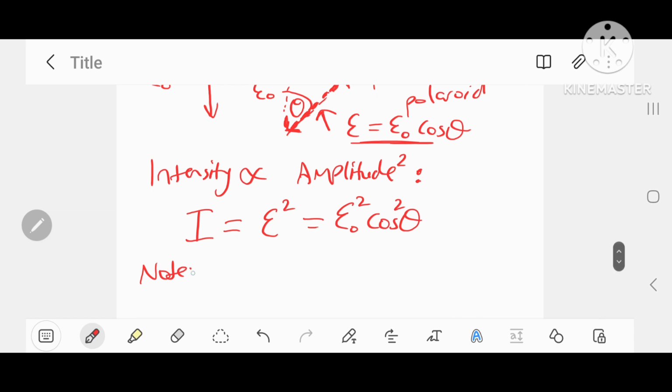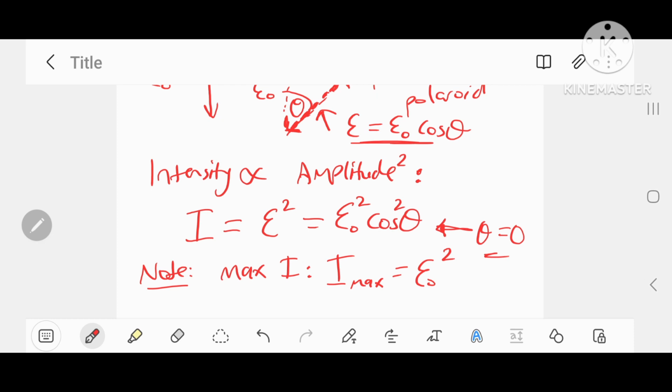And just to note, maximum transmitted intensity, I sub max, is given by E sub naught squared, okay? Because cos squared theta reaches the maximum when theta is equal to 0. All right, so when theta is 0 degrees, you get maximum intensity.